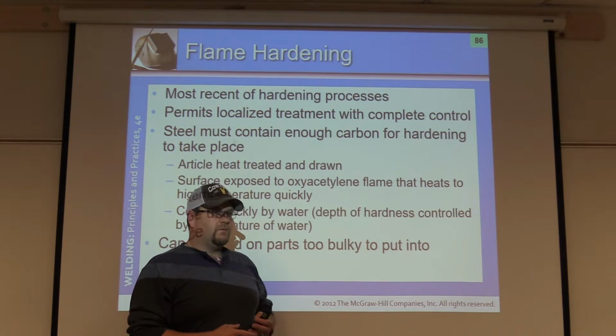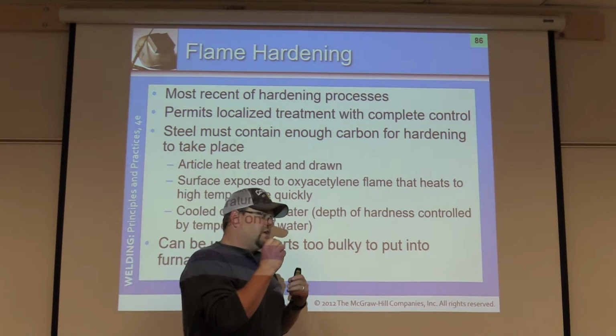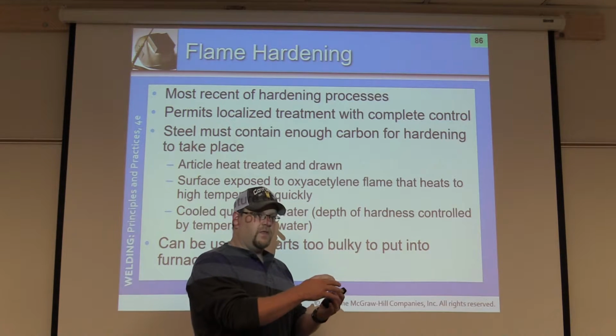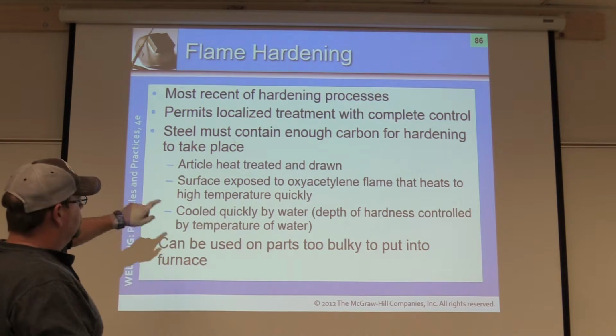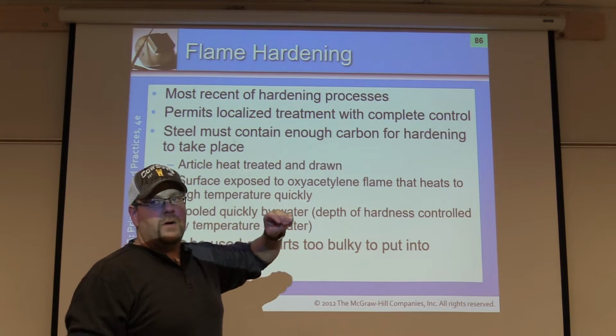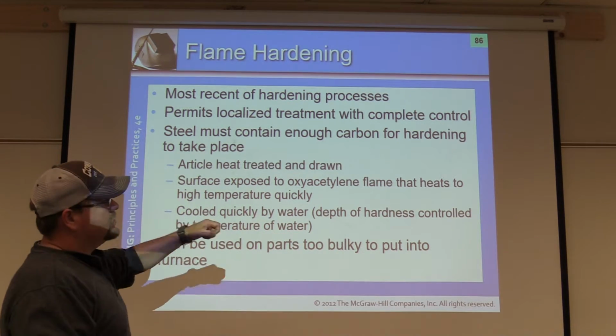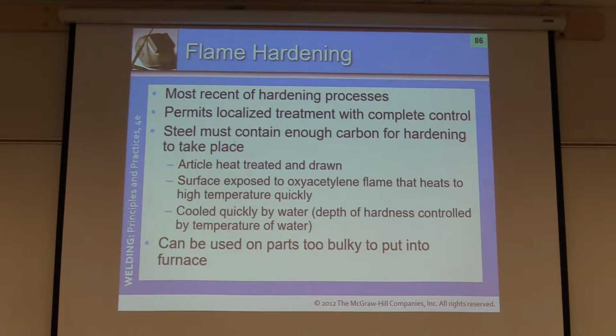That one is flame hardened throughout the entire thing, but what we mean is that it heats up with the flame, and then we quench it in some sort of medium or bath to get the much higher strength or properties that we want out of it, whether it be strength, impact resistance, or abrasion resistance as well. Okay?